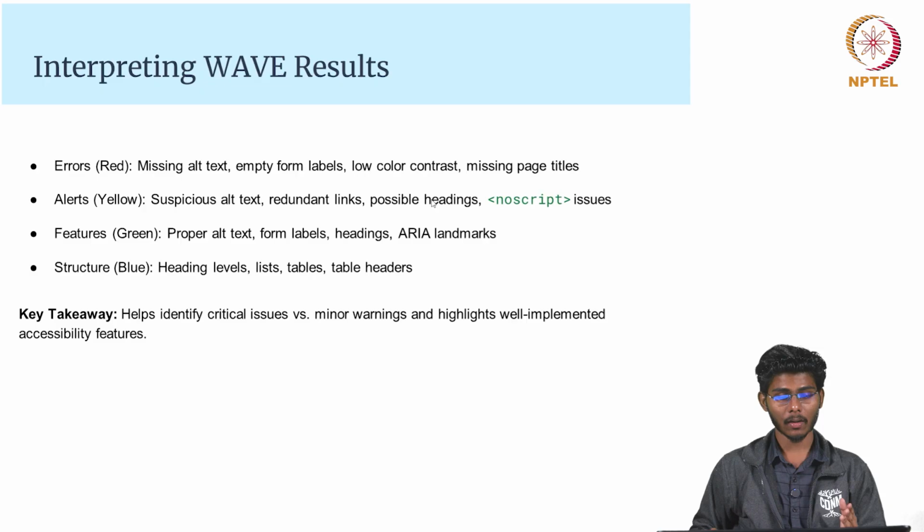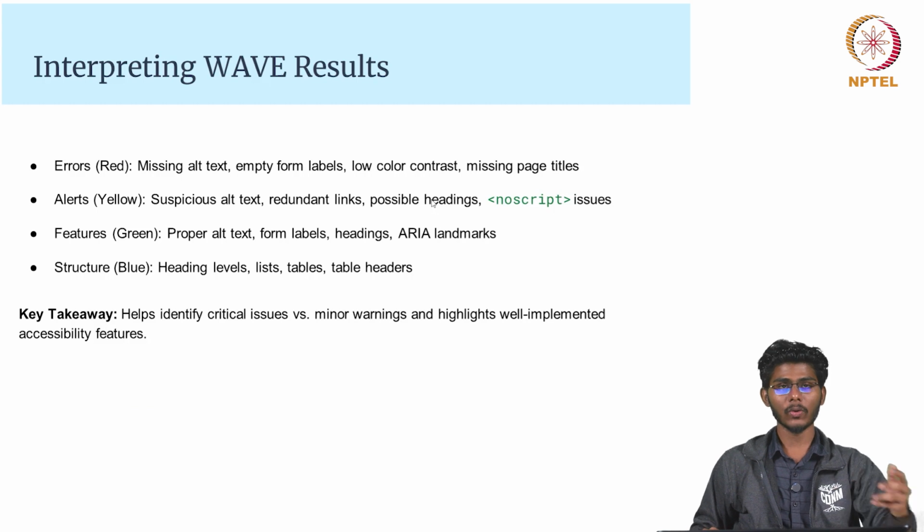So these are all which I have covered already. The red means missing alt text and what elements are causing issues, etc. And yellow indicates alerts, like potential barriers which can be reduced, and green indicates features that are properly arranged, like how the elements are properly arranged in the website.